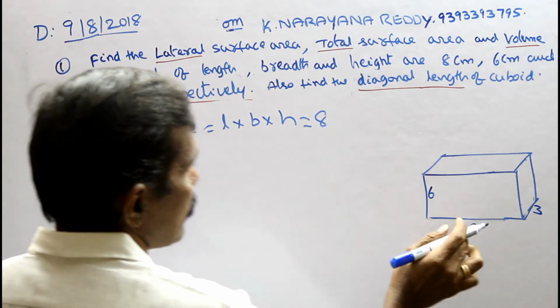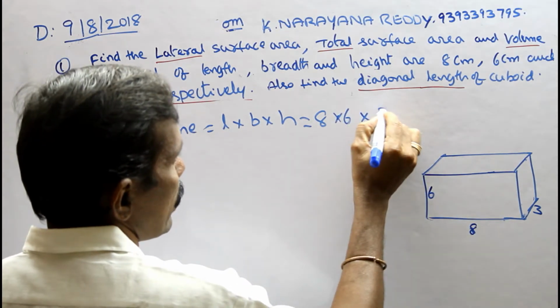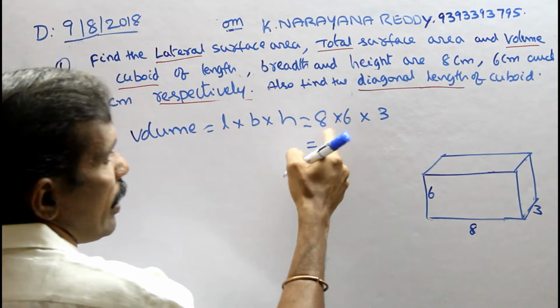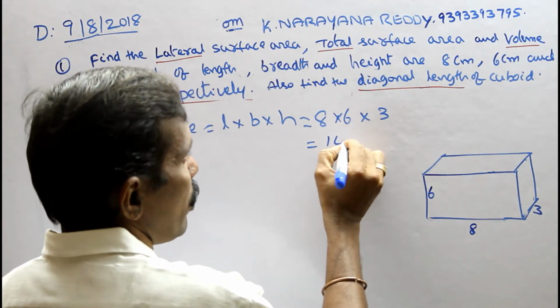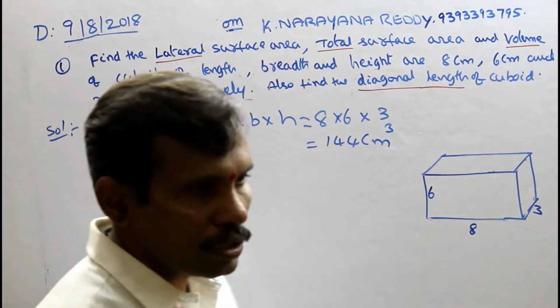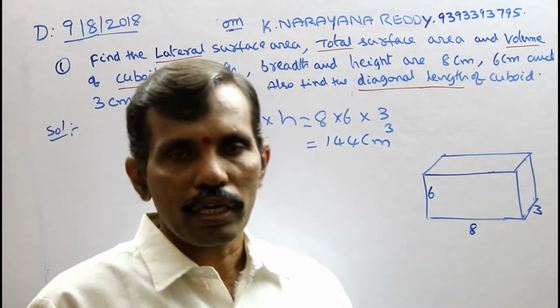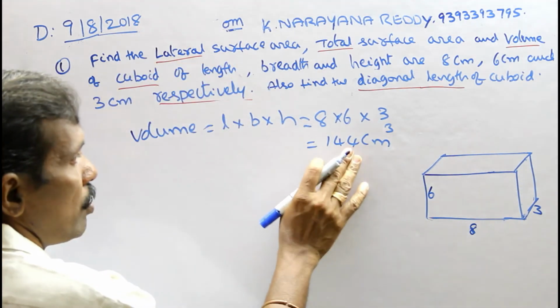What is length? 8. What is breadth? 6. What is height? 3. What do you get? 8 6s are 48, 48 into 3 is 144 centimeter cube. Volume is always considered in cubes: centimeter cube, meter cube, whatever it is. So that is about volume.